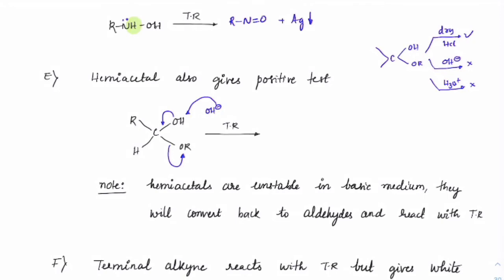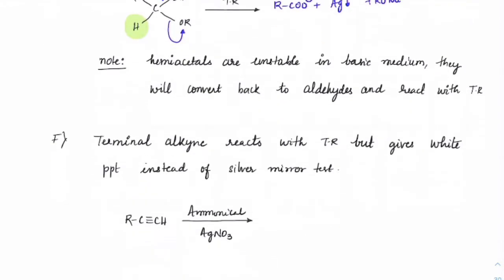So first it will get back to the aldehyde form, and from the aldehyde form the reaction will further take place. Again the presence of hydrogen is a must here, so we cannot have hemiketal, it has to be strictly hemiacetal. Then Tollens reagent will give this reaction: RCO minus plus Ag plus RO minus and Na plus, whatever the OH minus which you are taking, that would be the case. Okay, that is with hemiacetals.